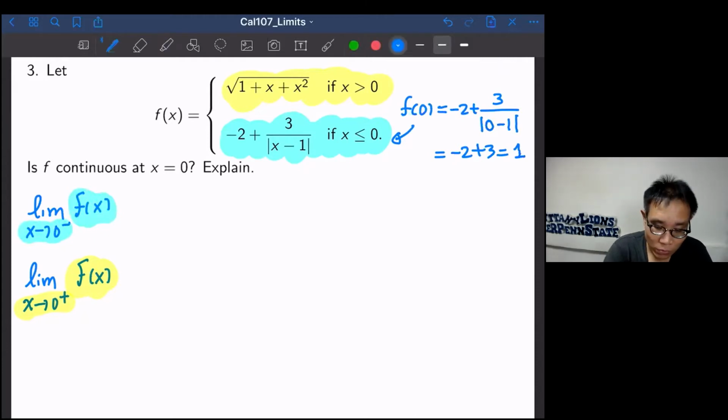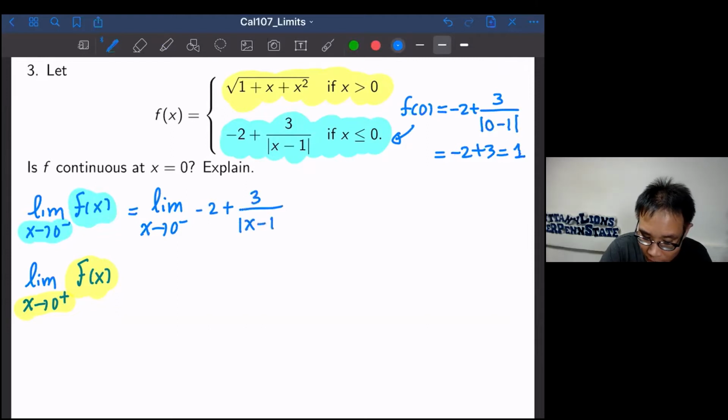So I'm gonna find the limit as x goes to 0 from the left of negative 2 plus 3 over |x| minus 1. So it's going to be negative 2 plus 3 over |0| minus 1. So it's going to be negative 2 plus 3 equal to 1.